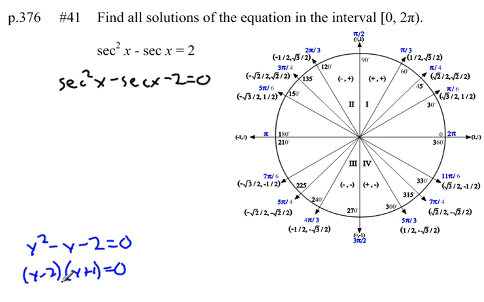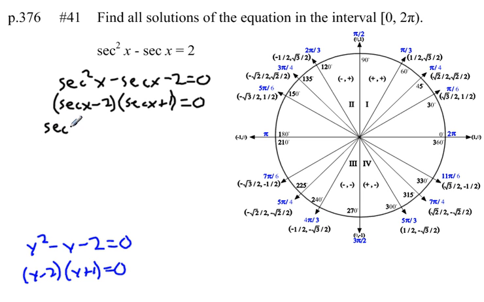But now that I see how to factor this, I can factor this expression with secant the same way. So I can say the secant of x minus 2 times the secant of x plus 1 equals 0. Okay, so now I'm going to set each part equal to 0, similar to how I would solve this down here.